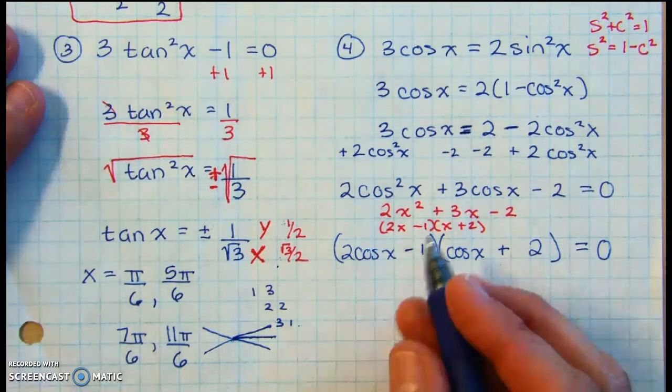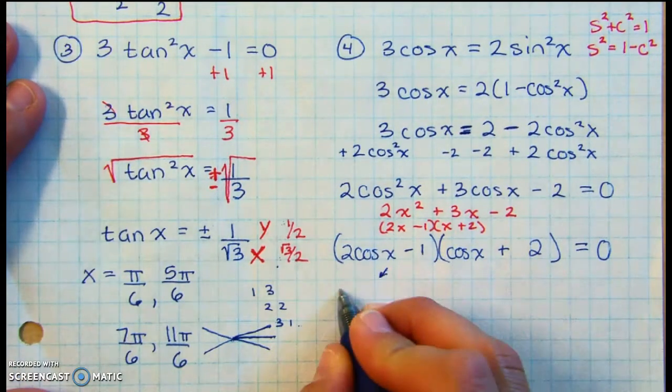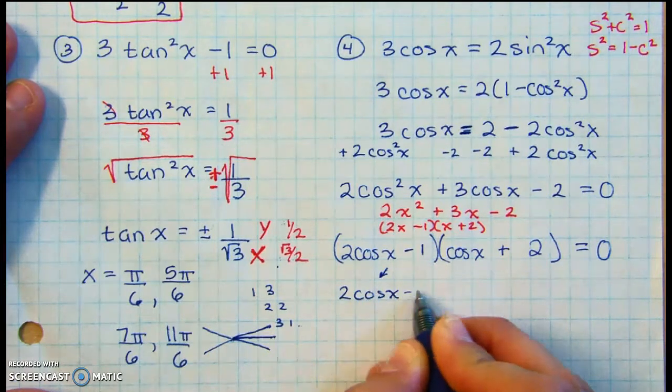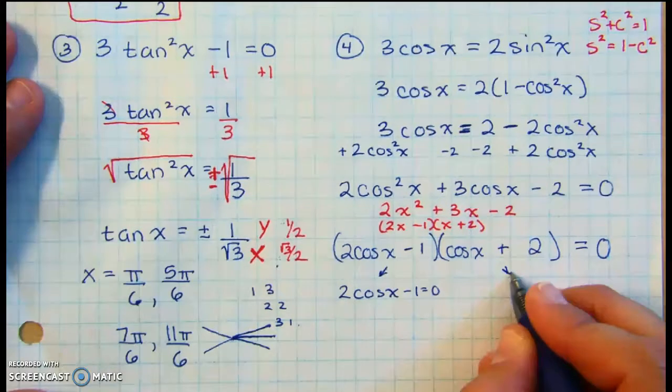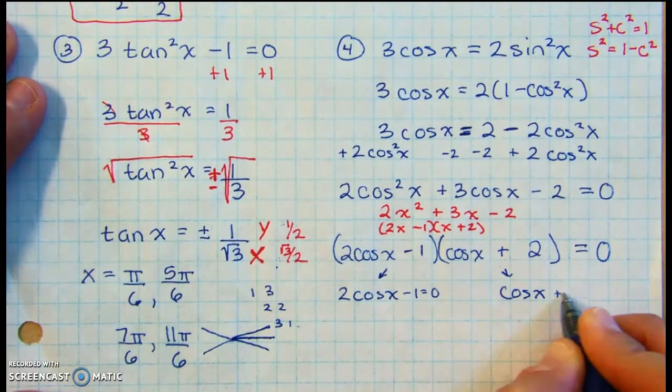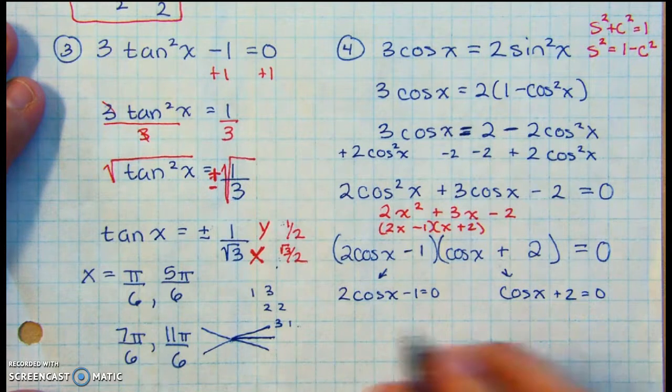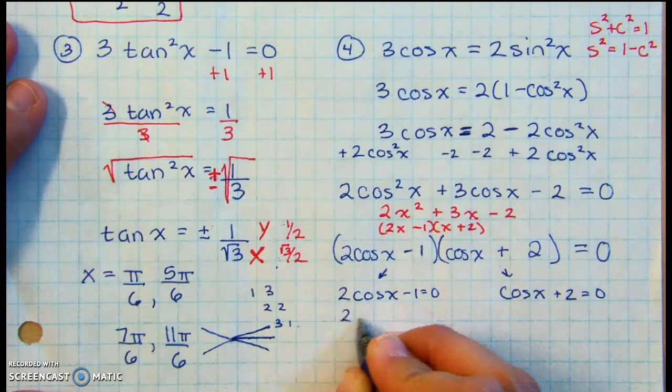Now that we have it factored, we're going to use a zero product property, and we're going to set each factor equal to 0. And solve for cosine.